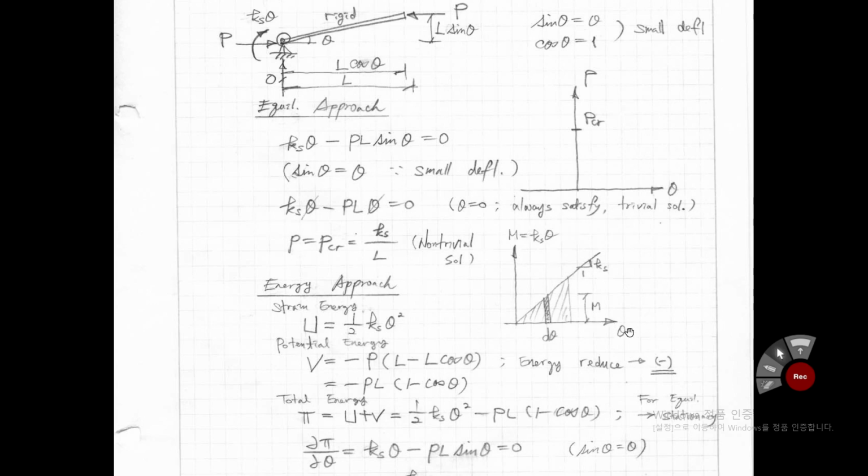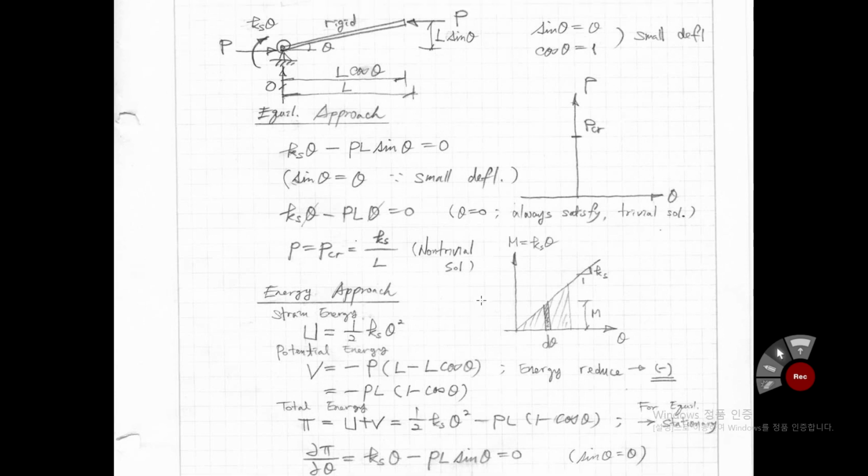This is theta. As theta increases, the moment increases and increases, so they have a linear relationship. Strain energy can be calculated as this lower triangular area. As you see, one over two, Ks theta and this theta. This area is strain energy.